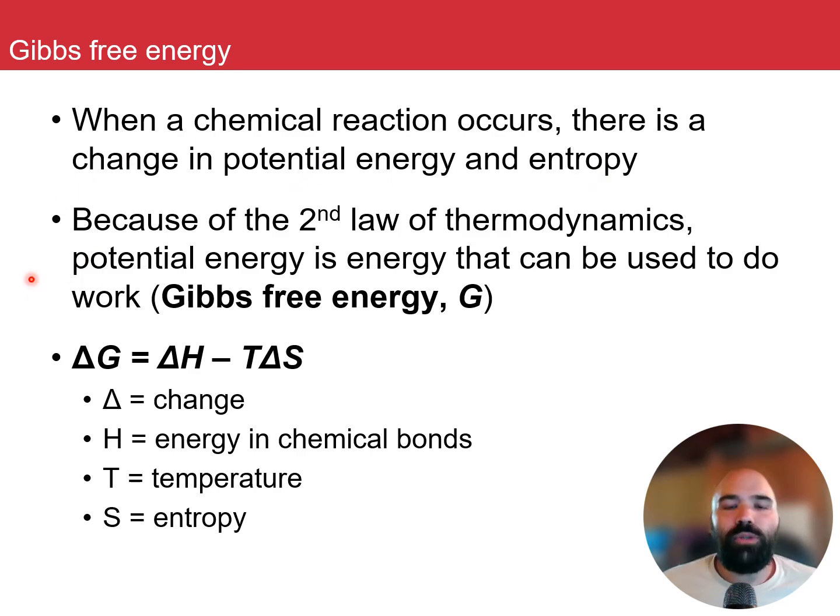The potential energy, or the energy that can be used to do work, is called Gibbs free energy. Don't get too hung up on this equation. This is more just to highlight the point. If we want to understand how that Gibbs free energy changes, then we need to consider the change in H, or enthalpy.